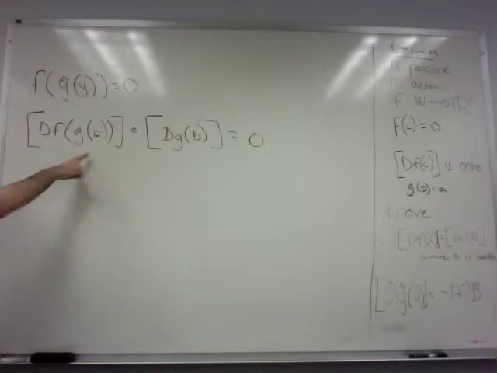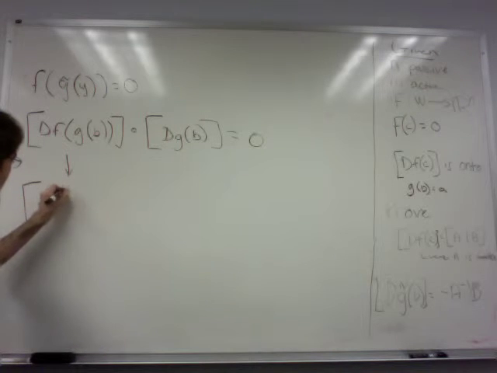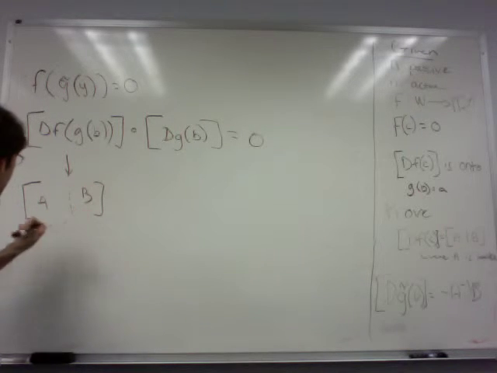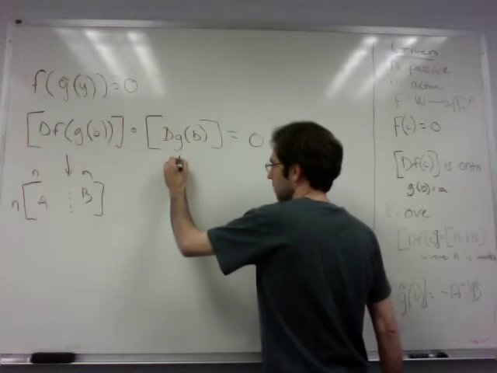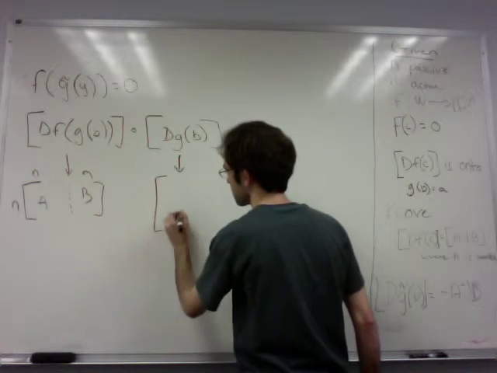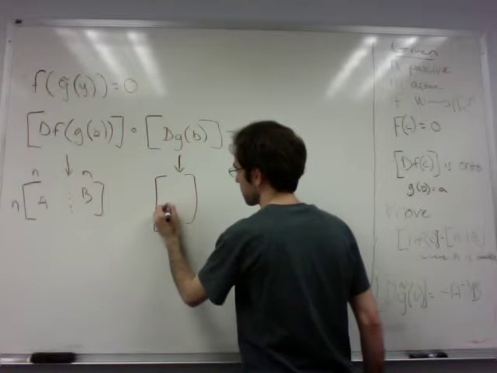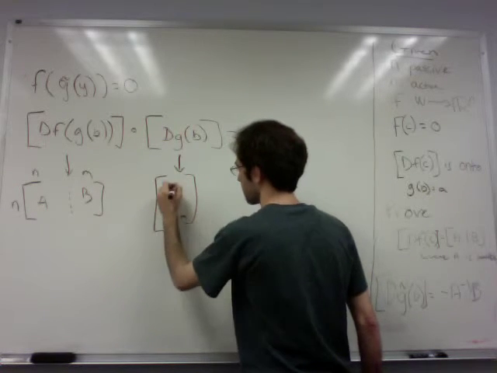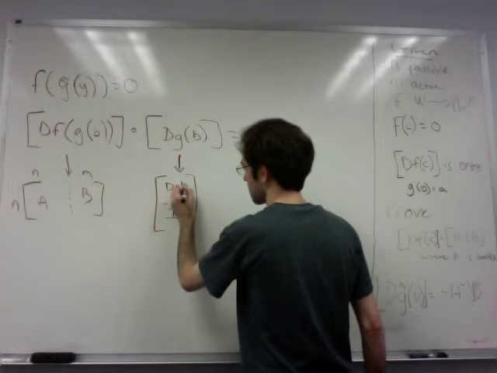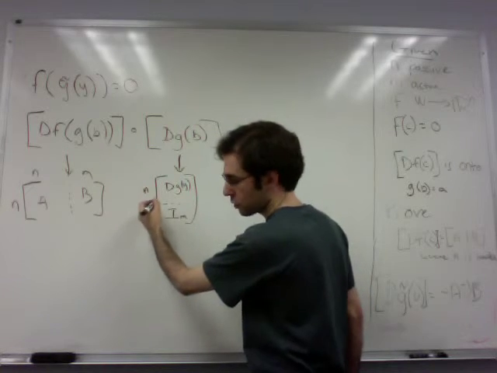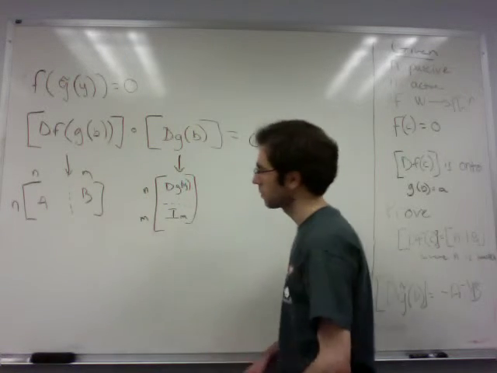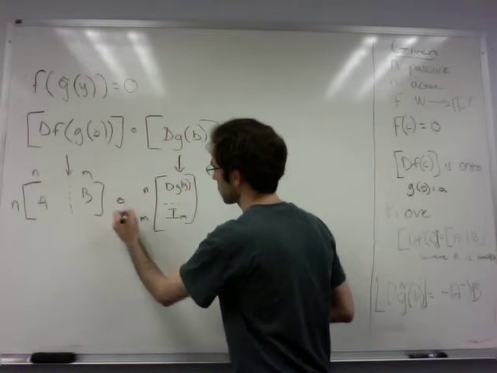This kind of looks like what we did in the first stage. That's n by n, and this is m. And this looks like what we did in the second stage. And this is n rows, and this is m rows. And we know that this is composed together.